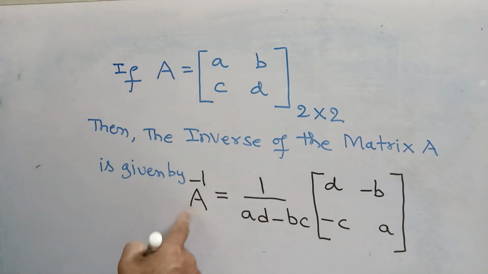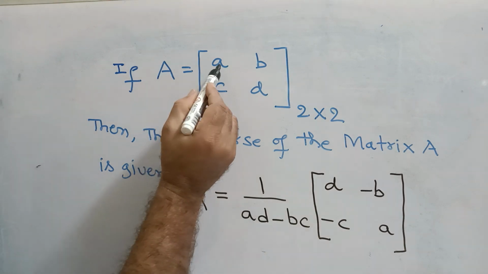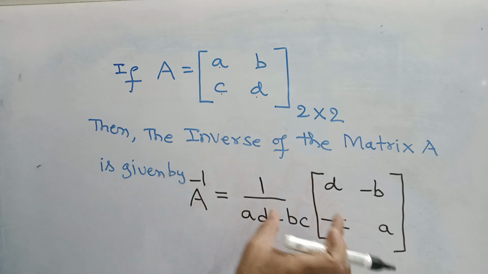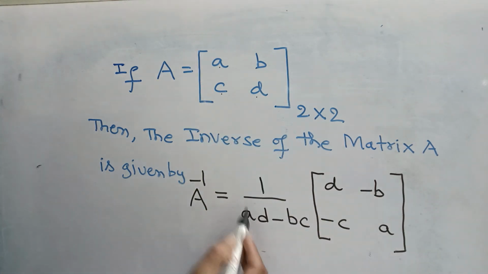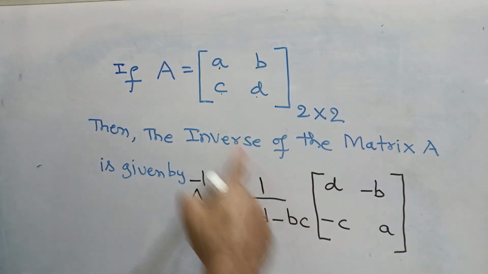A inverse is equal to 1 by A into D minus B into C. Consider the matrix A, B, C, D. You should remember this formula by comparing it with this matrix. This A is this A only, this D is this D, this B is this element, and C is this element.